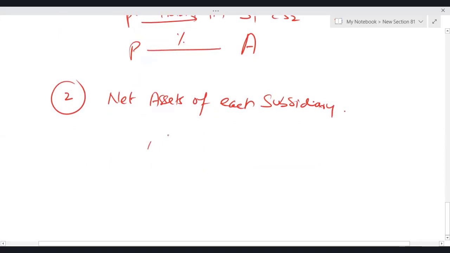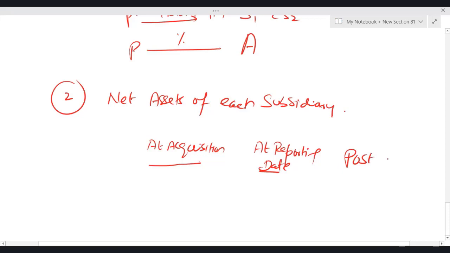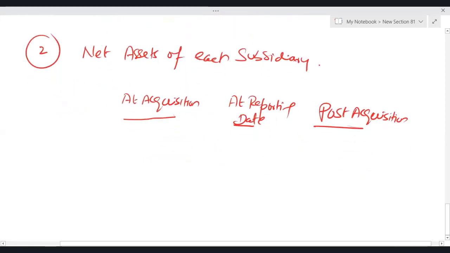At acquisition. At reporting date. Post acquisition. Step two is net assets of each subsidiary.